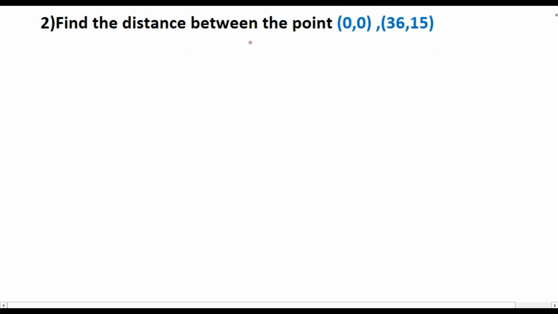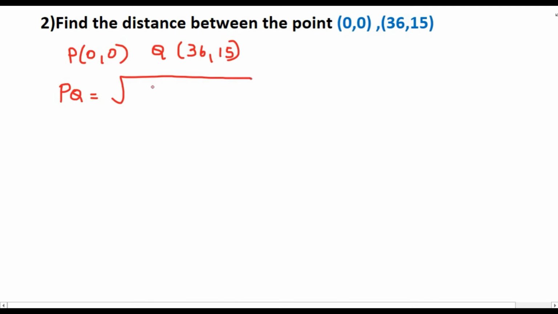Next question: find the distance between the points (0, 0) and (36, 15). (0, 0) is the coordinate of the origin. Taking P as (0, 0) and Q as (36, 15), for the distance PQ we know the formula: square root of (x2 minus x1) the whole square plus (y2 minus y1) the whole square, or we can use the direct formula.